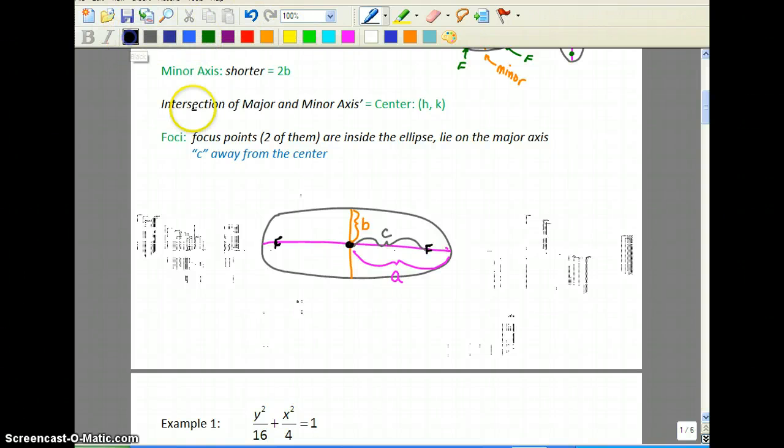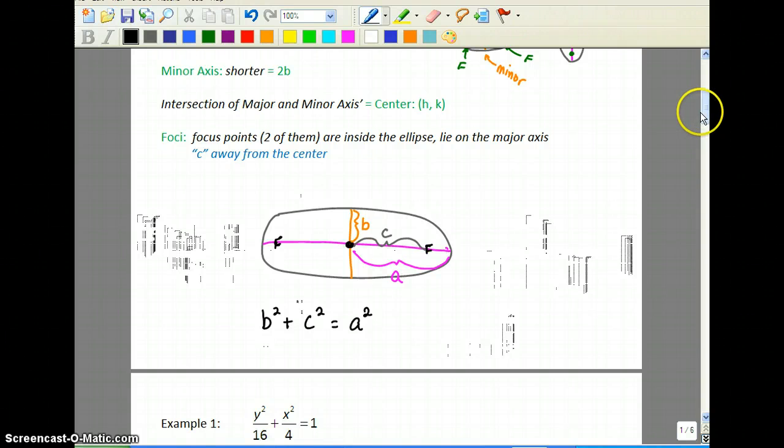It's going to be A. So we're going to need to know this equation: B squared plus C squared equals A squared. It's important to know which one's longer, but that will always add up to A. And you're going to need to know that formula.